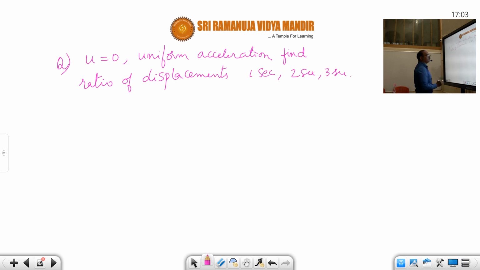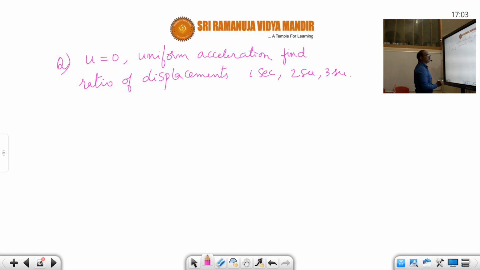If you look at the previous problem, see the difference in the framing of the sentences. There: started from rest, uniform acceleration, find the ratio of the displacement traveled in first second, second second, third second. Now coming to this question: started from rest, traveling with uniform acceleration, find the ratio of the displacement in 1 second, 2 seconds, 3 seconds.